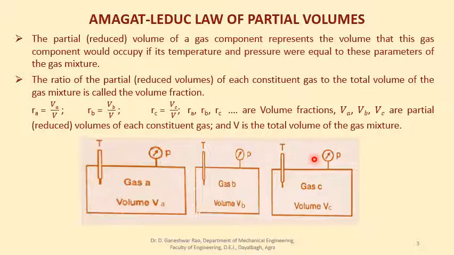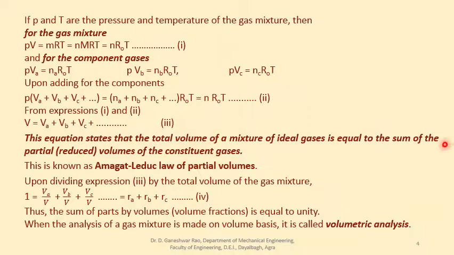Right? So this is what Amagat-Leduc law says, that the total volume of a mixture of ideal gases is equal to the sum of the partial or reduced volumes of constituent gases. How to derive this? You can see here.